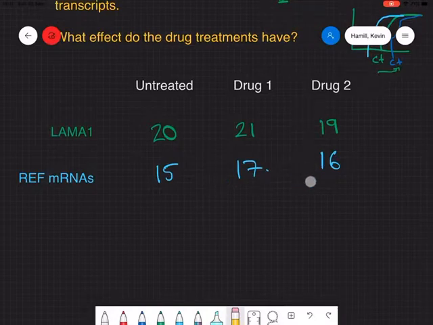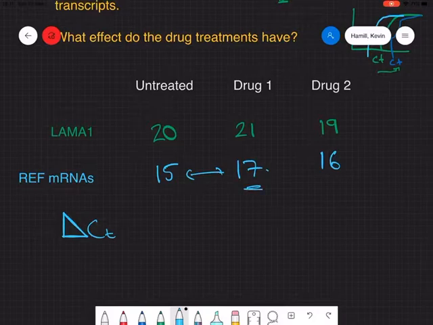So I'm going to use the untreated as my internal control here. So the delta CT relative to the untreated, we obviously have a 2 cycle difference here. 17 minus 15 is 2. This number's higher, so there's more starting material in the untreated than there is in drug 1.